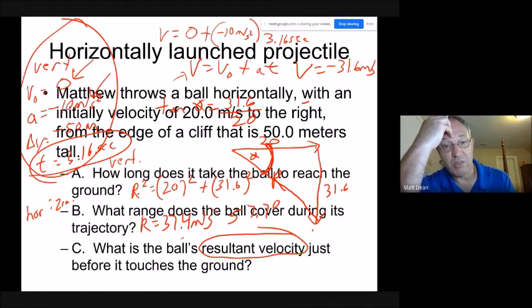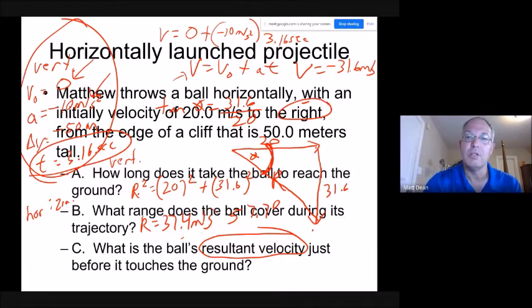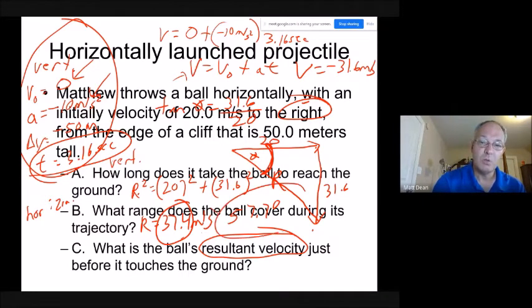So our answer here, 37.4 meters per second at 57.7 degrees to the right and below the horizontal. Or you could have drawn your picture to the left. It says to the right, so yep, to the right and below the horizontal. So when you're calculating a resultant, you've got to have a magnitude, which in this case is 37.4, and you've got to have a direction, which in this case would be 57.7 degrees to the right and below the horizontal.